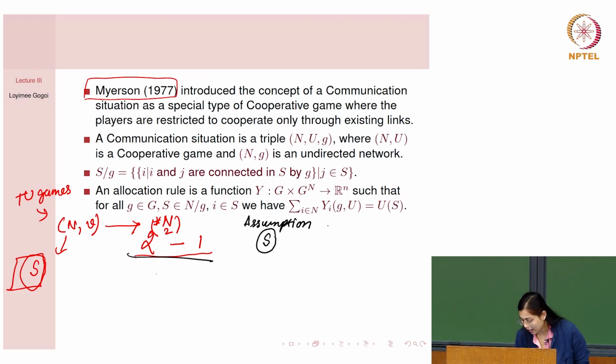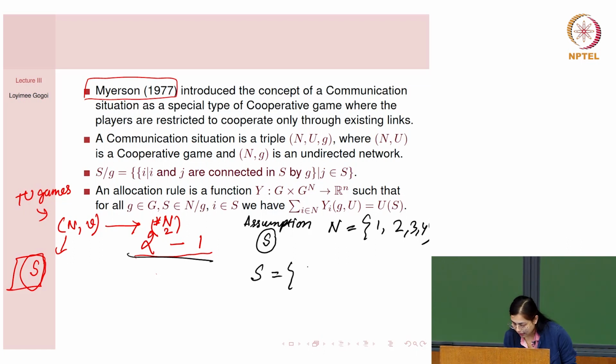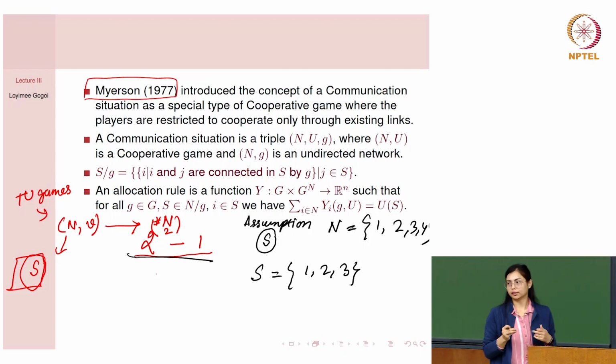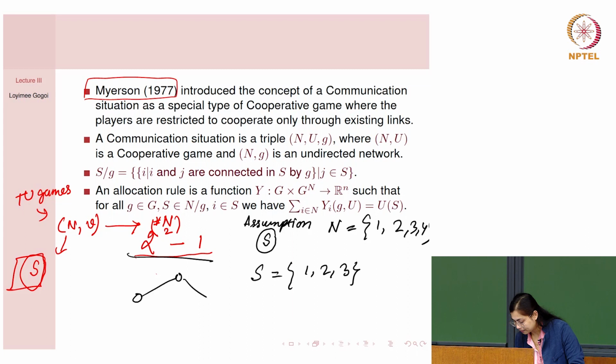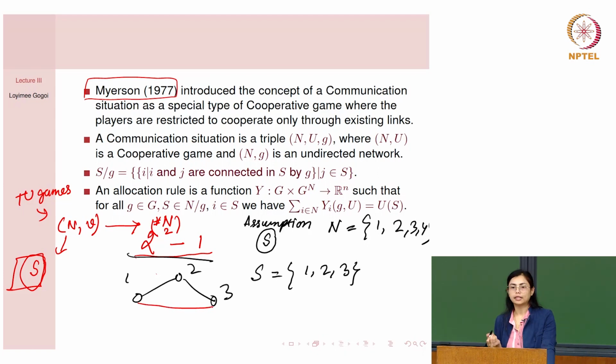If I have a player set N, say 1, 2, 3, 4, a 4-player game, suppose that the coalition 1, 2, 3 will be formed only when they are connected somehow. They could be connected this way, or there can be another link between 1 and 3, right? This is one possible way.